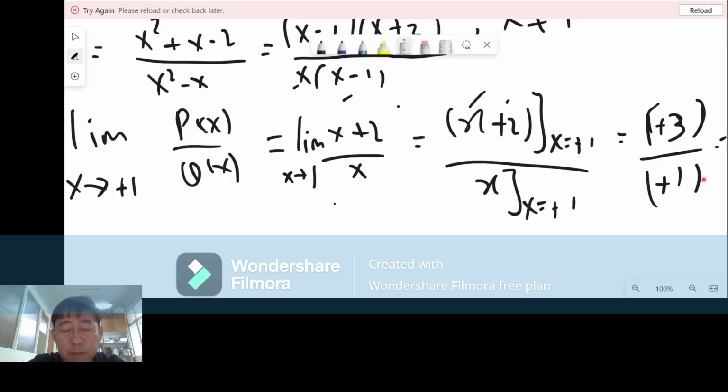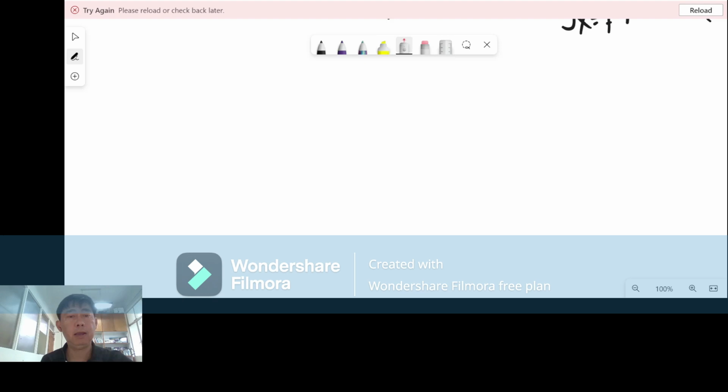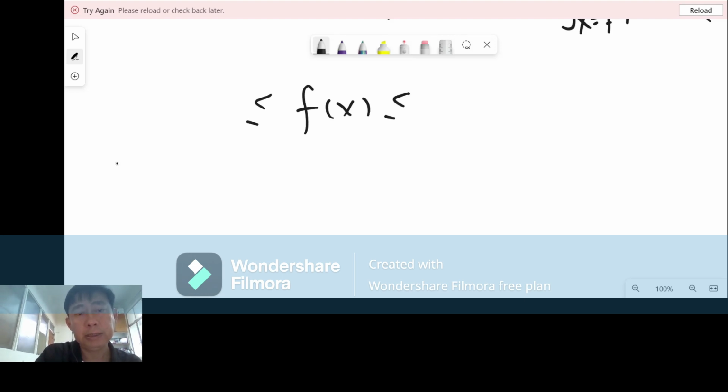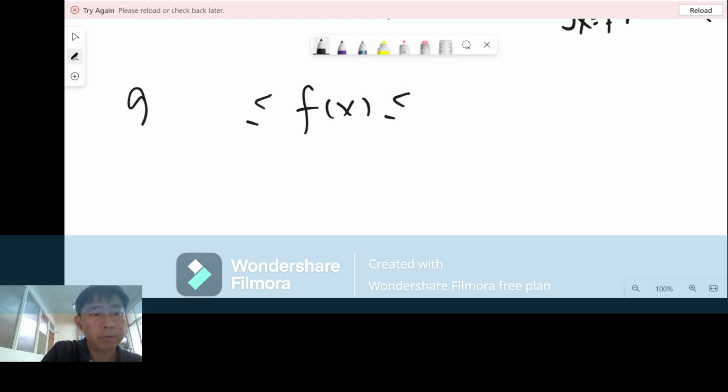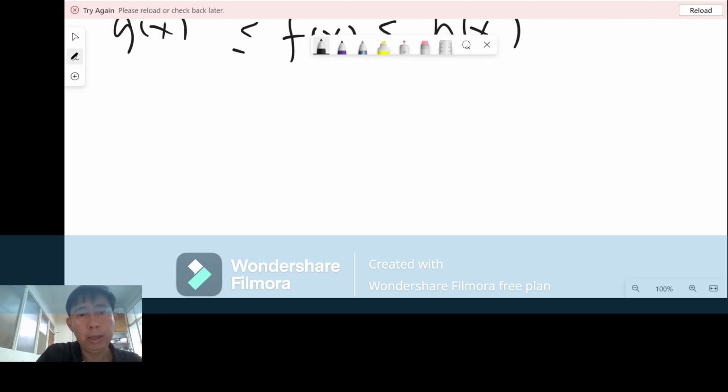So let me explain this on my whiteboard. Here, if we assume there is a function f, and say f is larger than the function g, and this is smaller than h.